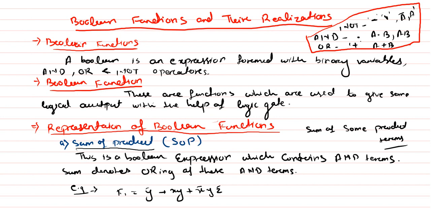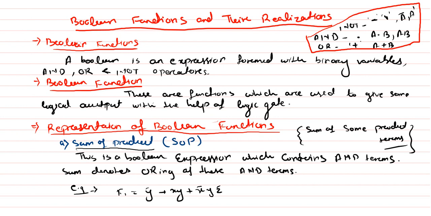You see here, x bar y z bar is a term where products are used, means x bar dot y dot z bar. Then xy is a term where a product is used, x dot y. Then y bar is a single term, nothing is being multiplied with it.